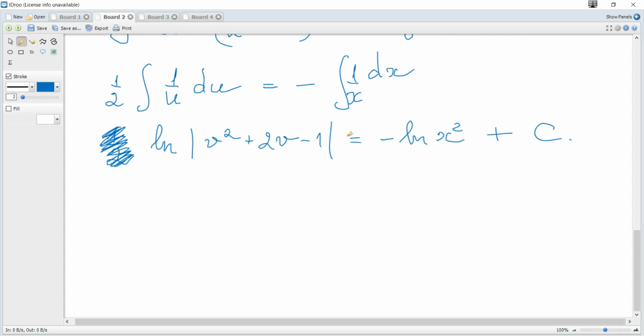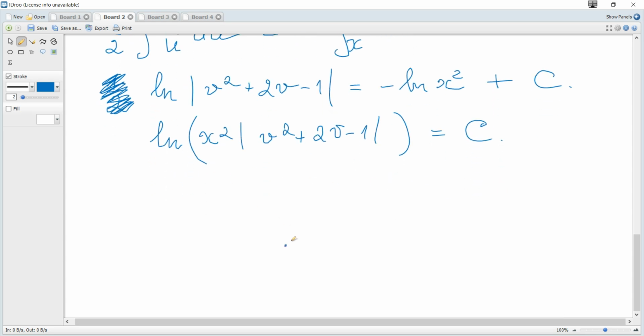And then let's move it to the left to get the sum of 2 ln's, so it becomes what? Ln of a product, x squared multiplied by the absolute value, and it is equal to some constant.